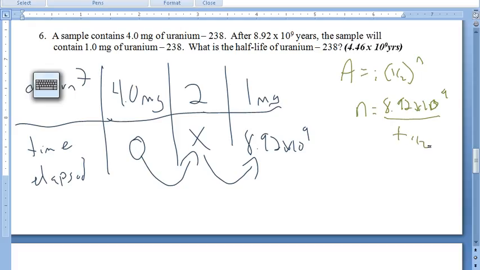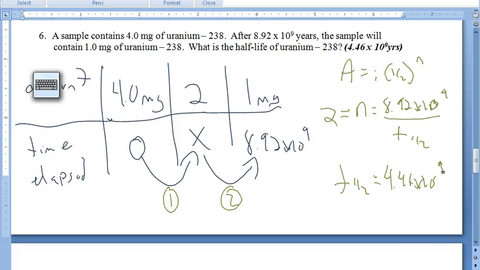And since it took 2 half-lives, I know that n equals 2, so I can solve for the half-life. And that would give me t 1/2 equals 4.46 times 10 to the 9th years.